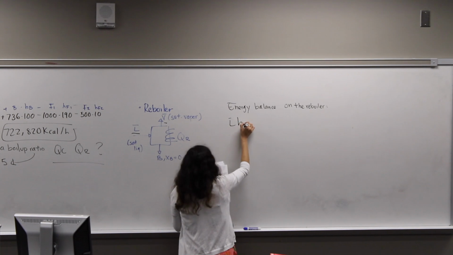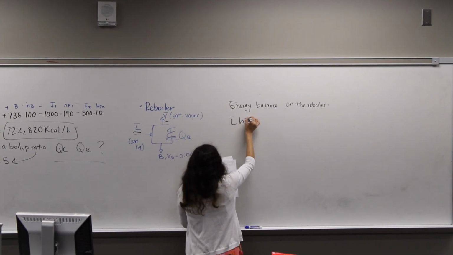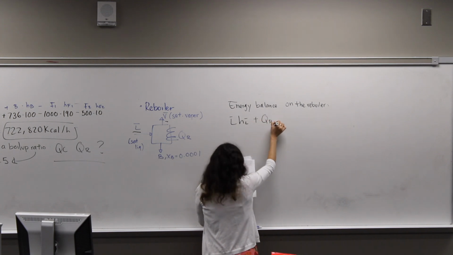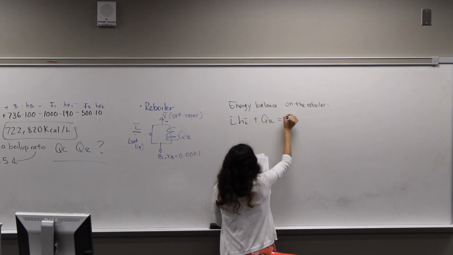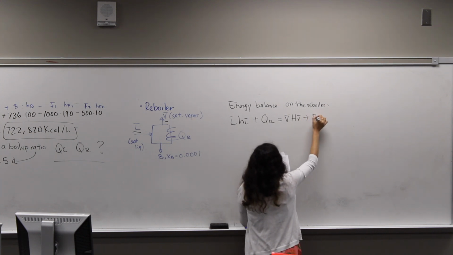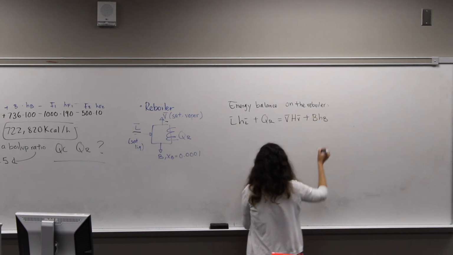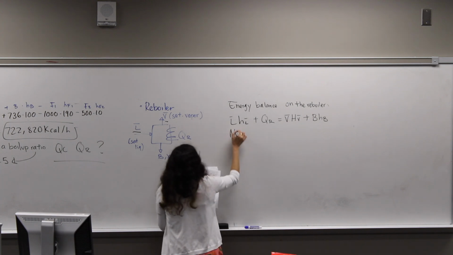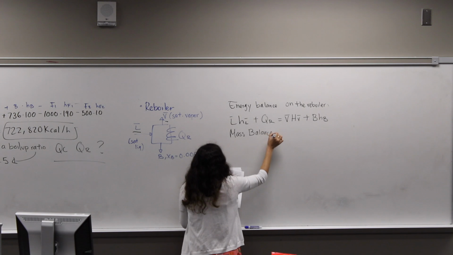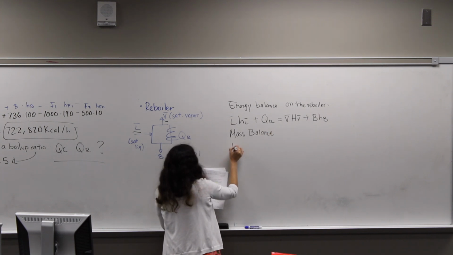So if you look at my drawing, all we have to do is in equals out, right? That is all I'm doing. Let's pair it with a mass balance, because we have some common variables.